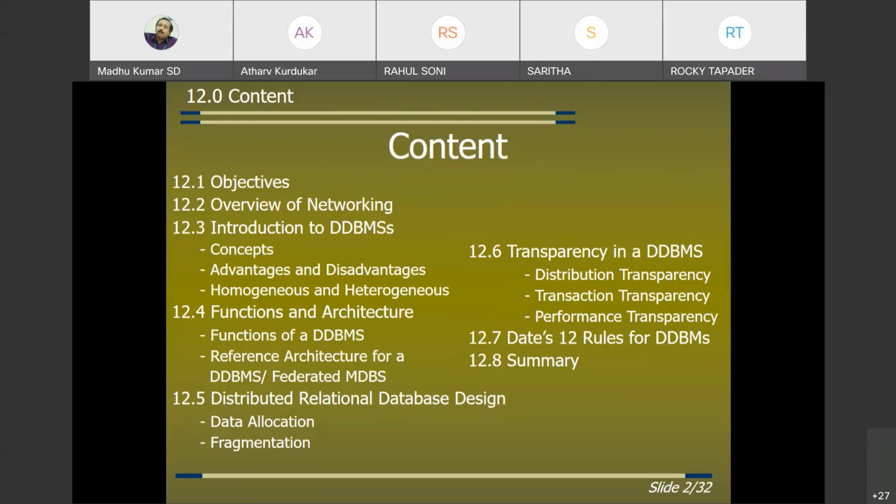Santosh Kumar, conceptually, where do distributed databases differ from centralized databases? Louder, please. Keep your mic close to your mouth.